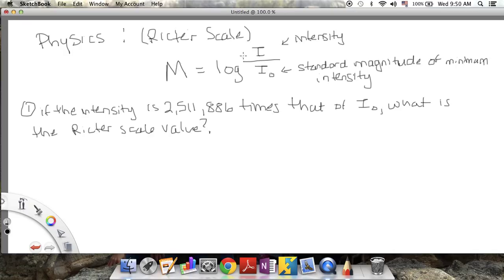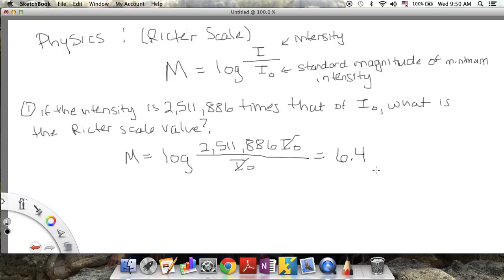So we're looking for M. We know what I is in relation to I naught. So what we have is M equals the log of 2,511,886 I naught, because that's our intensity. It's this times your I naught over the I naught, which of course means those cancel out. So we're just taking the log of this big number here, and we get 6.4. So our earthquake, we would say, was a 6.4 on the Richter scale.